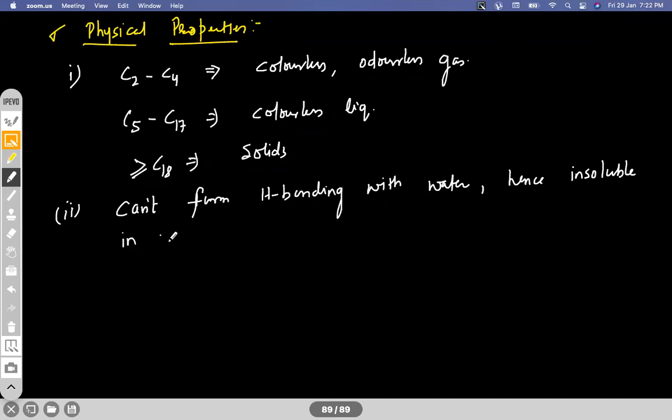Insoluble in water. As branching increases, same logic we have, like we had for alkane. As branching increases, boiling point and melting point decrease for alkenes.